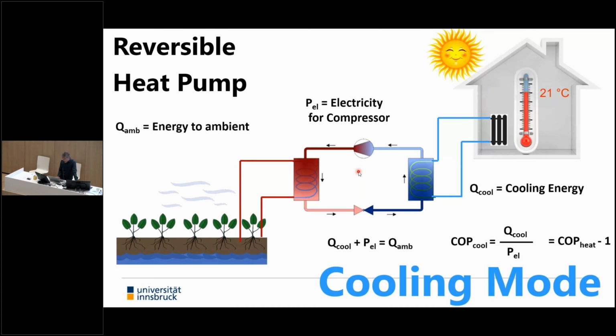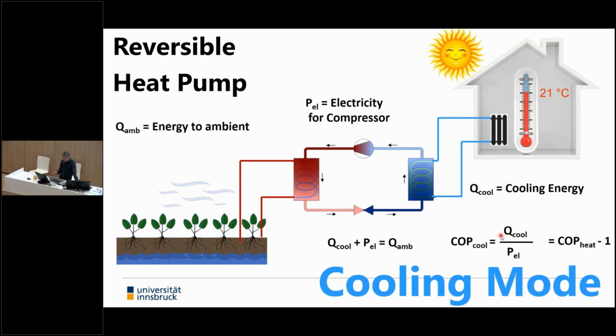But be aware of the efficiency. The calculation is just the same as before. We have the energy balance. Cooling energy plus electricity is the ambient heat, which is given from the heat pump to the ambient. So we again can calculate the efficiency. In this case, the cooling is what we need, the heat subtracted from the building, divided again by the electricity.